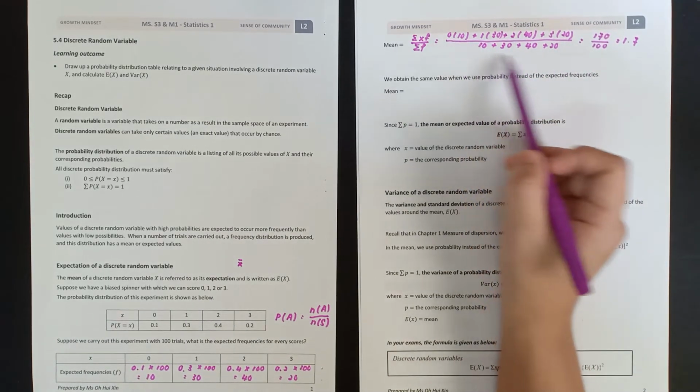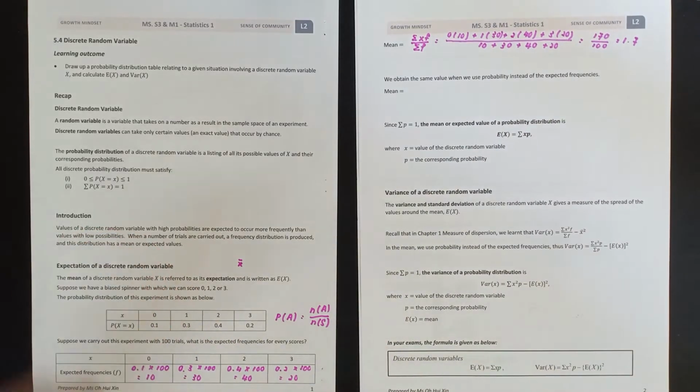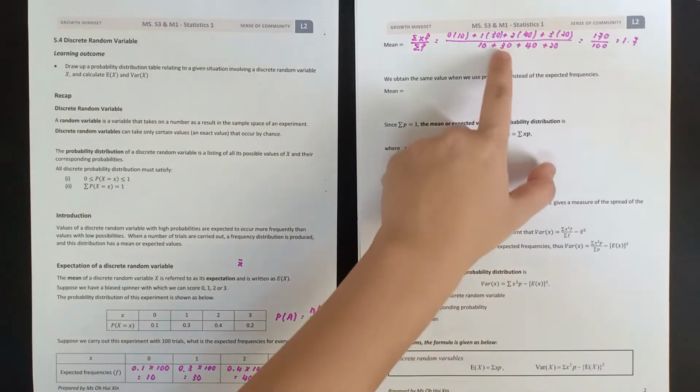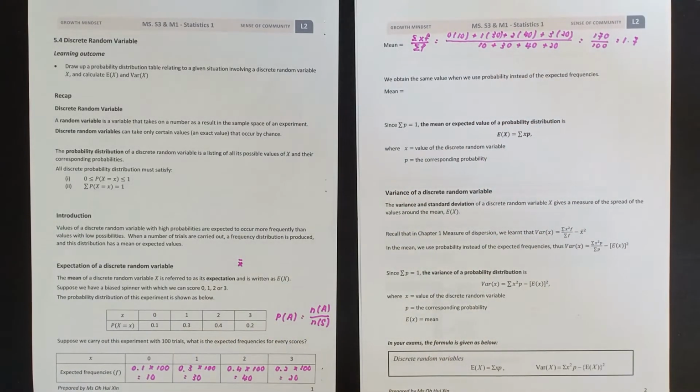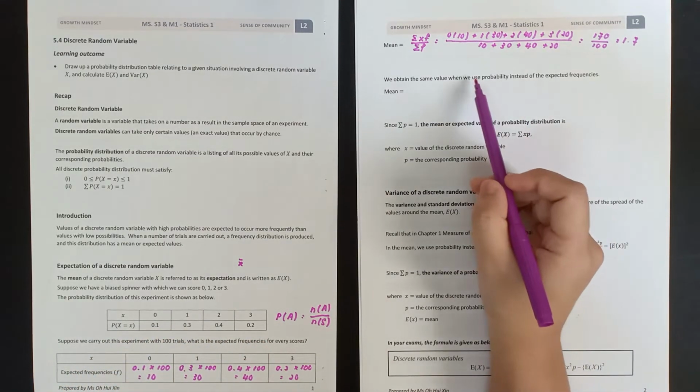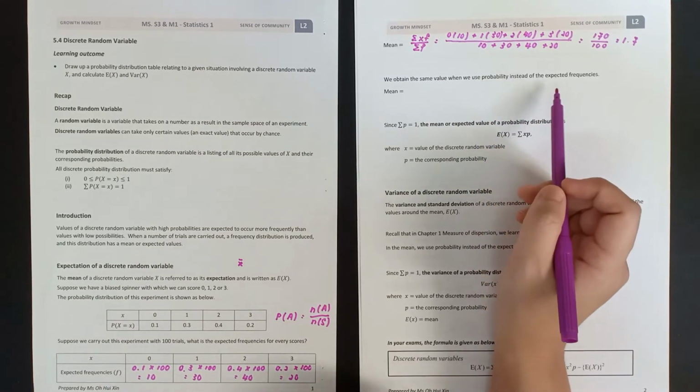So imagine for all the cases here, I divide by 100. Every term I divide by 100, meaning I don't multiply them together. Then what do you get? You get exactly back to the probability. So let's check what happens when we use probability instead of the frequency.